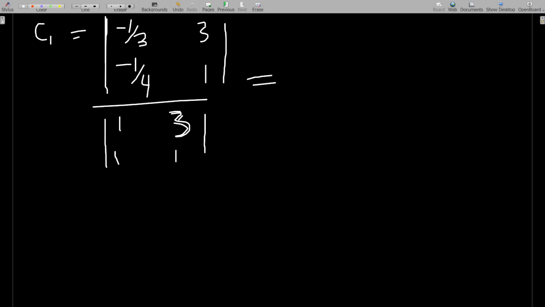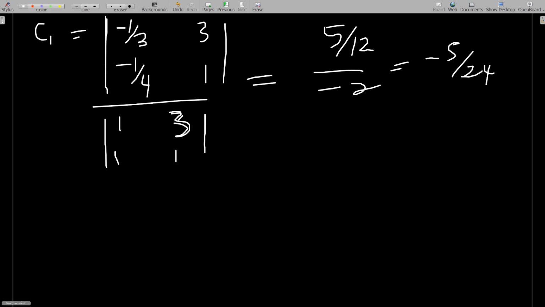Okay, and if you compute your determinant carefully, you get the top one to be 5/12 or something like that. 5/12 over -2, and this will give me -5/24. That's my C1, and my C2 will be equal to the determinant again.